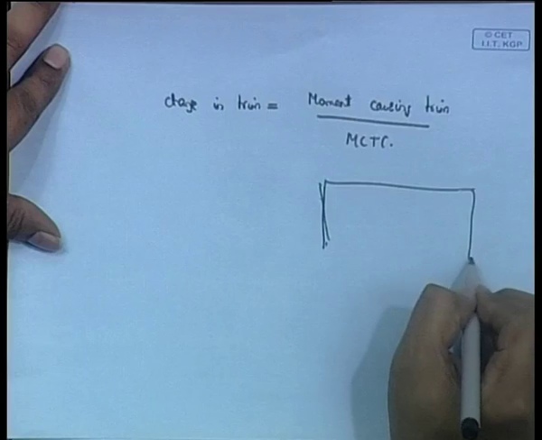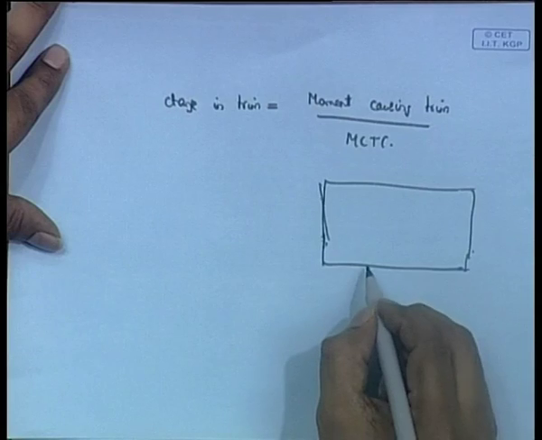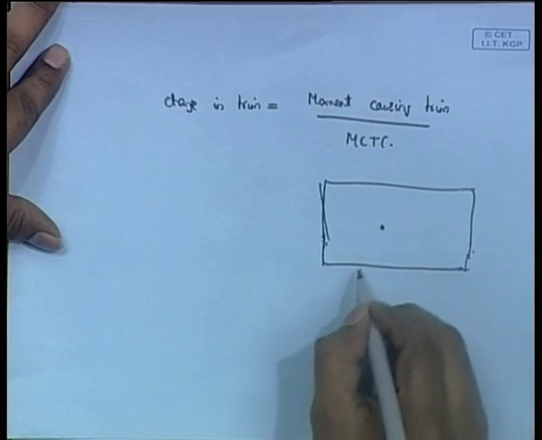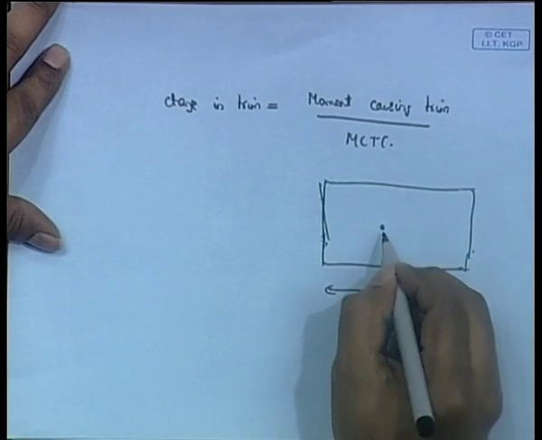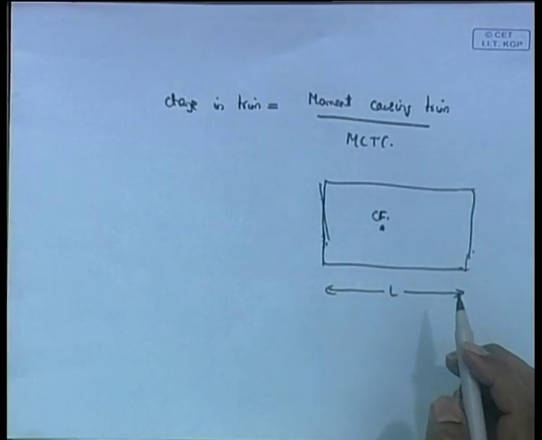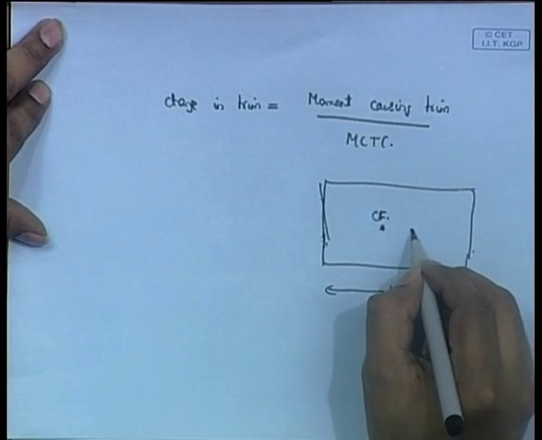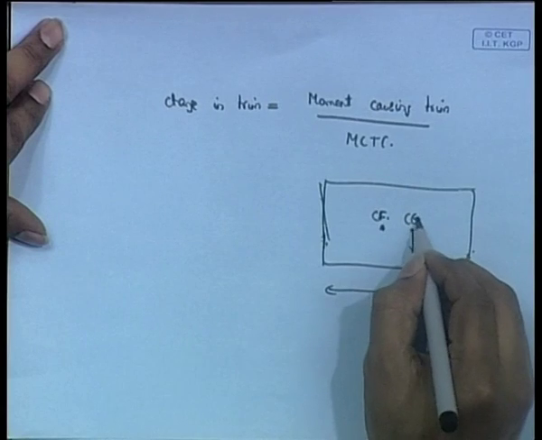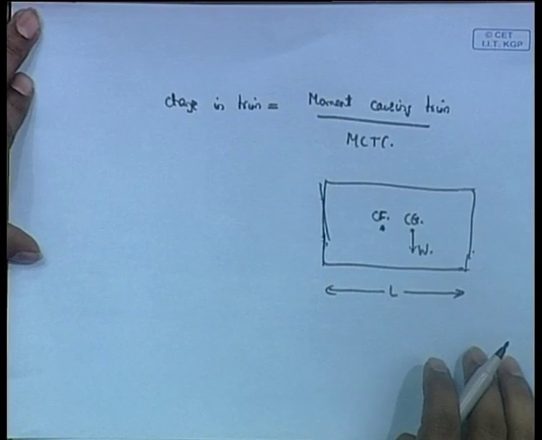If you assume that the center of flotation is somewhere here, and this is the whole length of the vessel, then the net weight is going to act somewhere here, at the center of gravity. This weight is what is causing the moment.